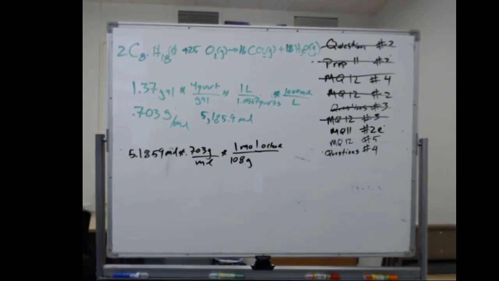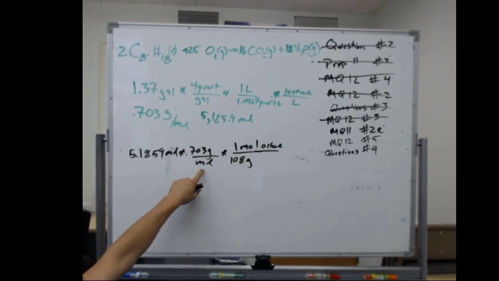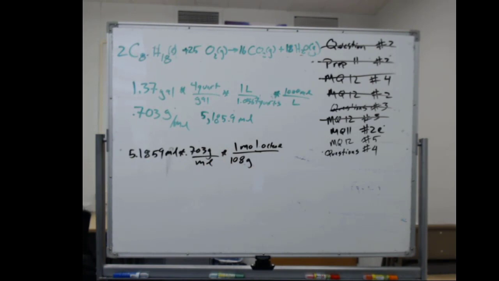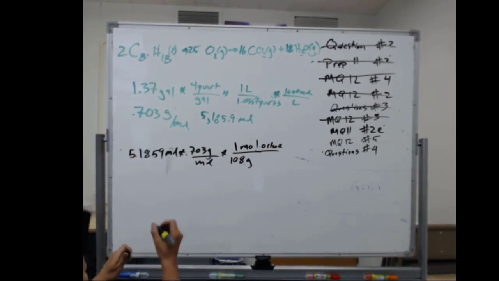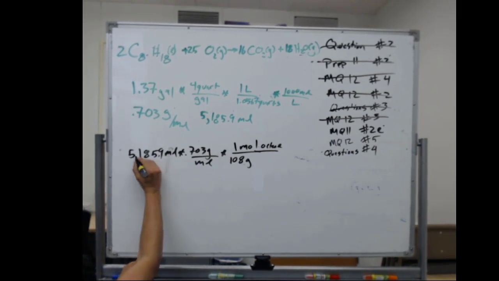Right, so this is going to get me my moles of octane. I converted to milliliters in a separate step, but then I used the density to get to grams, and then I used the molar weight to get to moles. And that's not a point. The point is supposed to be here. Whoa, so many typos. That's a comma.